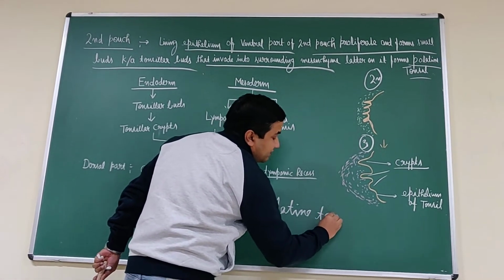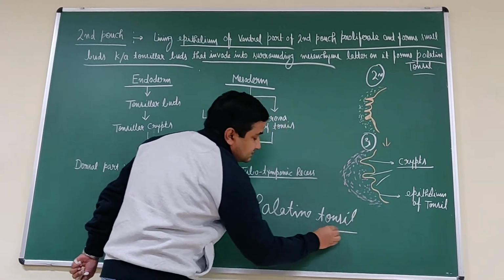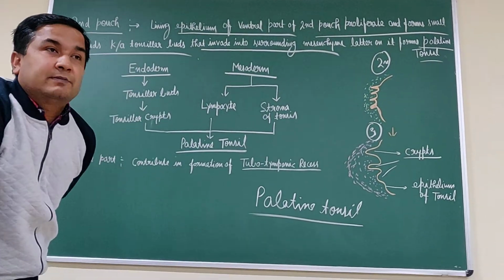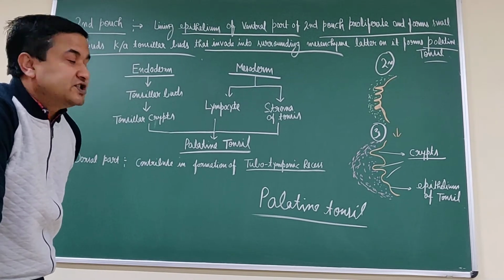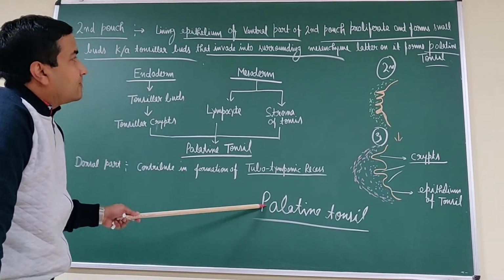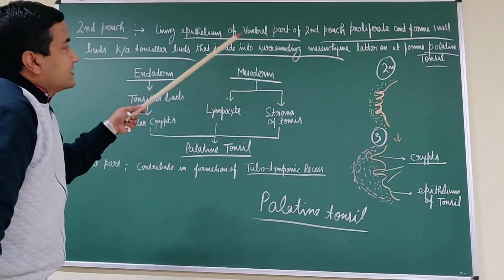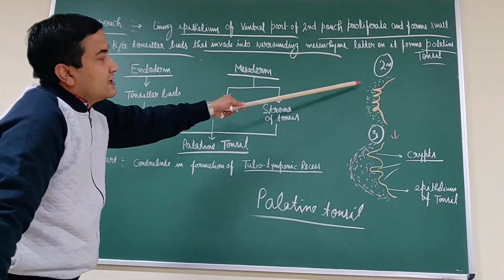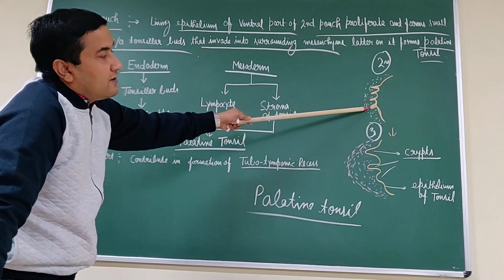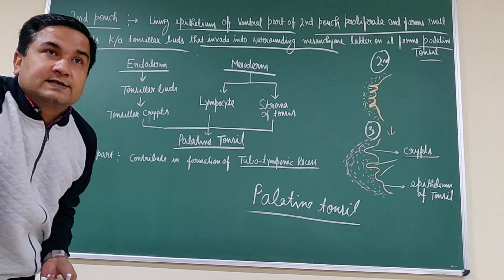The palatine tonsil, present between the palatoglossal and the palatopharyngeal arches, is formed from the ventral part of the second pharyngeal pouch. Its epithelium proliferates. This proliferation forms the tonsillar buds.